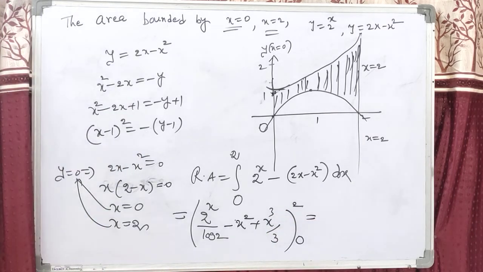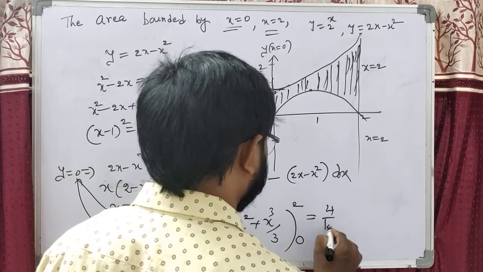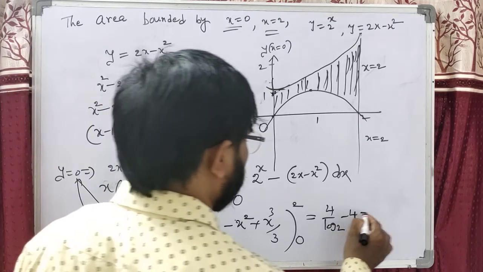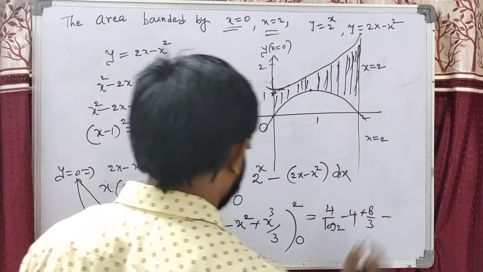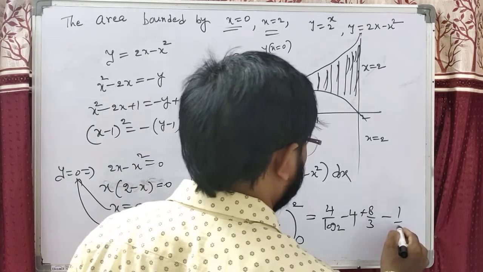Dear students, first we substitute 2, that is 4 by log 2 minus 4 plus 8 by 3, minus 2 power 0 which is 1 by log 2.